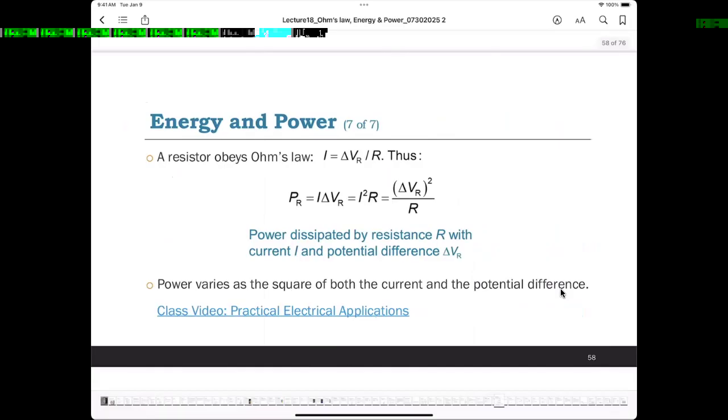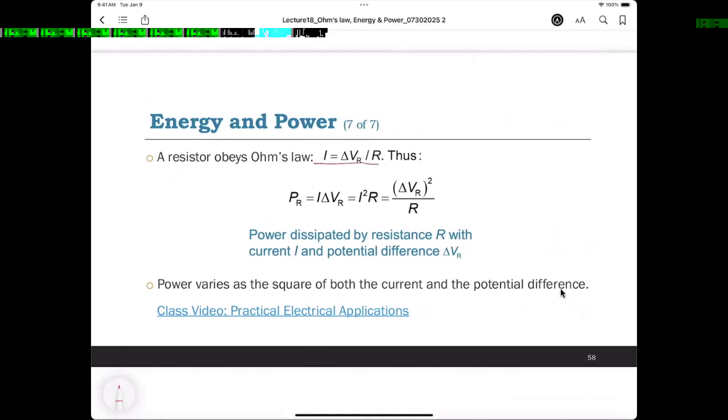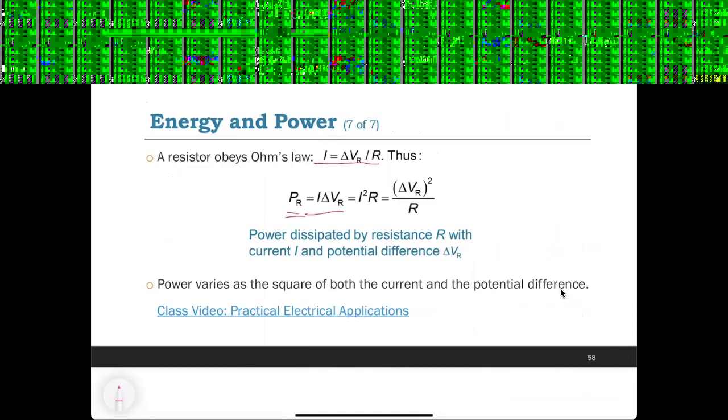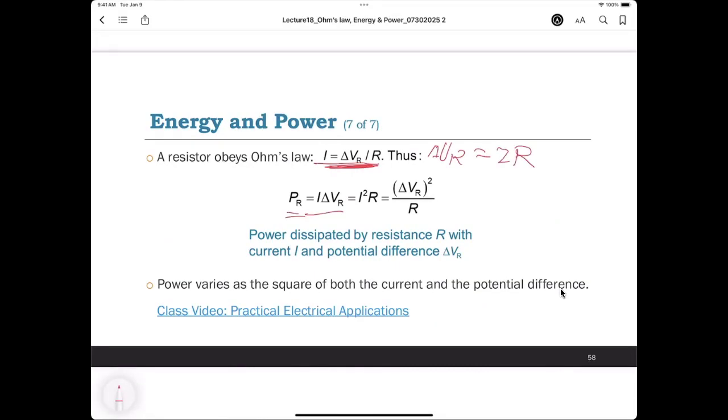power. A resistor obeys Ohm's law. We know that. This is Ohm's law. Thus P equals this one, and then you can rearrange this equation: delta V_R equals IR. Does that make sense to you?